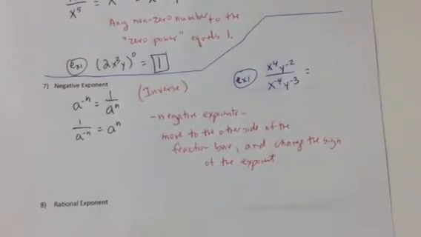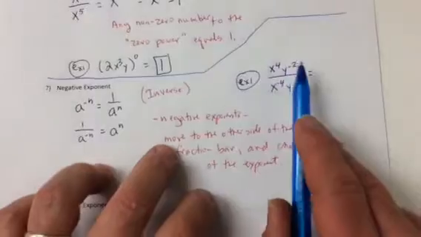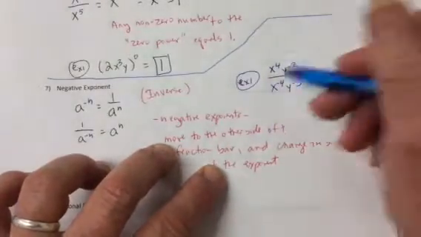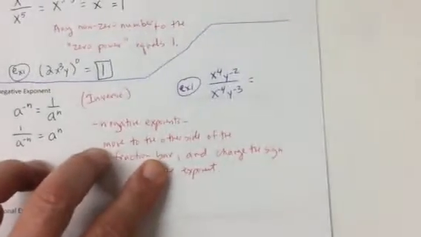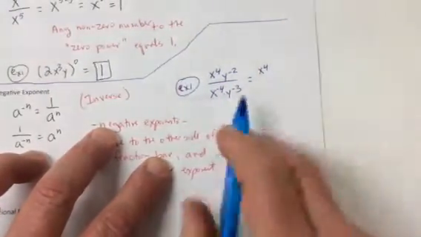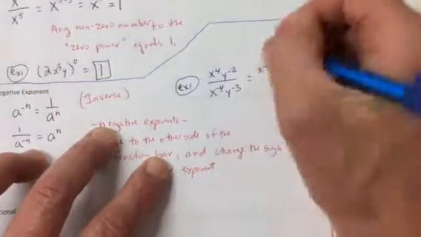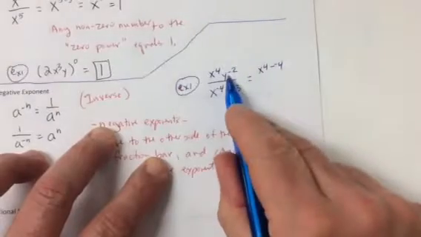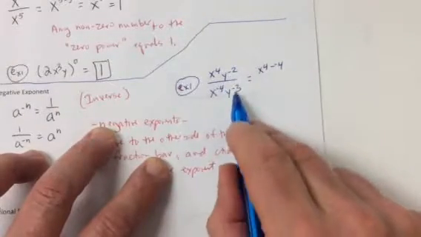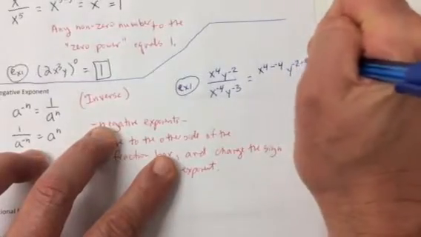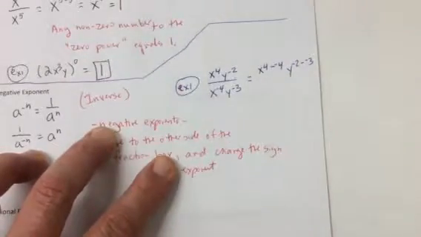Okay, so let's see if you got the same thing. First way I'm going to do it is I'm going to think about it just as straight up division, dividing exponents. When we divide exponents, we're subtracting them. So on the top we have x to the 4th. Then on the bottom we have x to the negative 4, so it's going to be minus negative 4. Then if we have negative 2 on the top and negative 3 on the bottom, it's going to be y to the negative 2 minus negative 3.